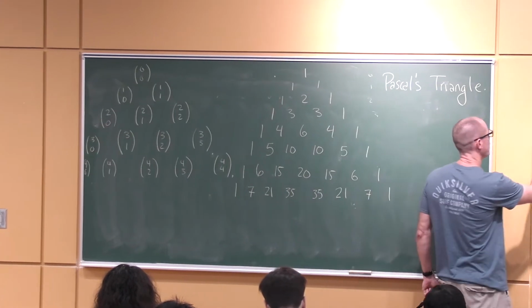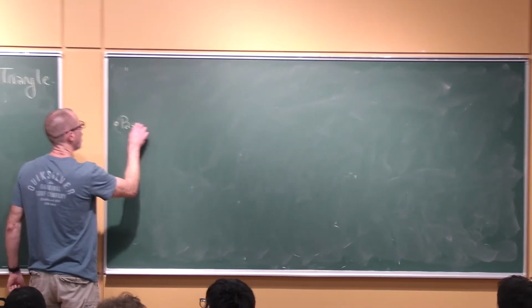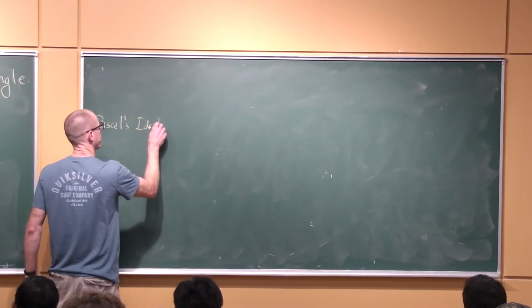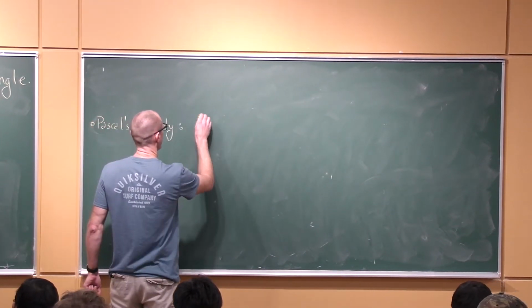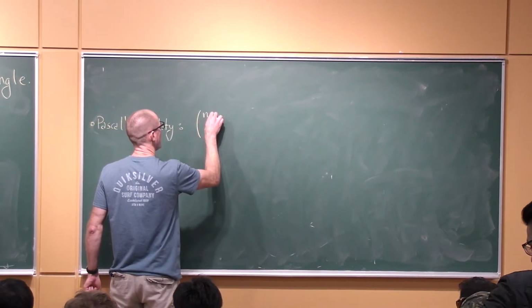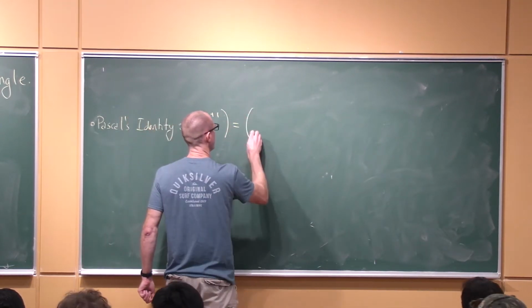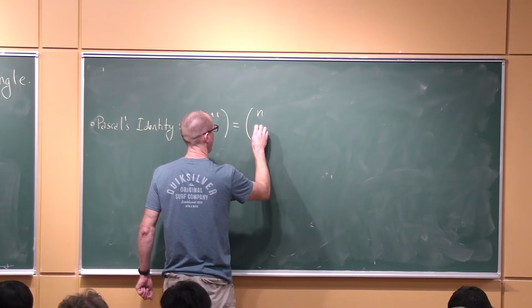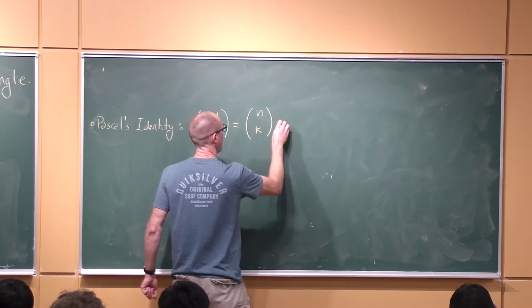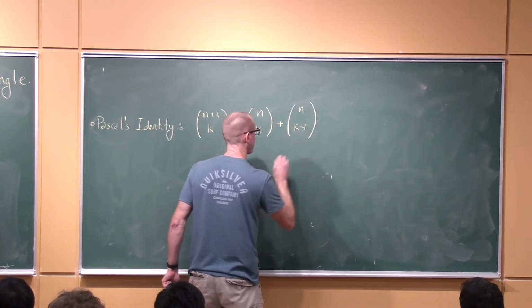for a few reasons. But the main one is a theorem that we saw, which was Pascal's identity. Pascal's identity told us that n plus 1 choose k is equal to n choose k plus n choose k minus 1.